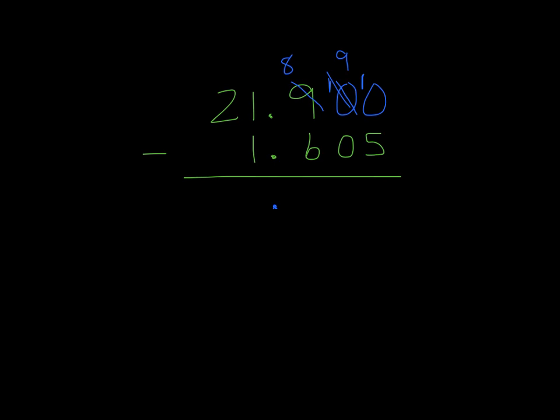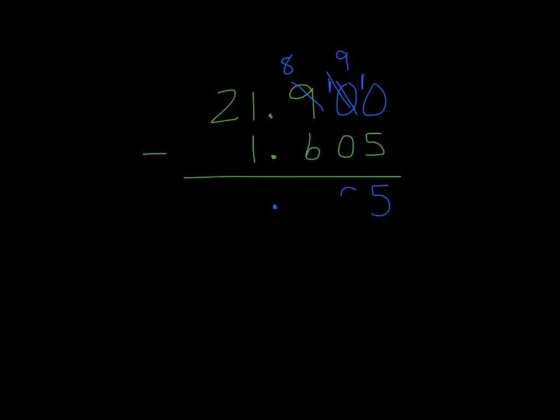Because I couldn't do anything with 0 minus 5, I had to borrow from over here, which made it a 10. That's how I got this 10. Then I had to borrow again over here from my 9. Does that make sense? So 10 minus 5 is 5.